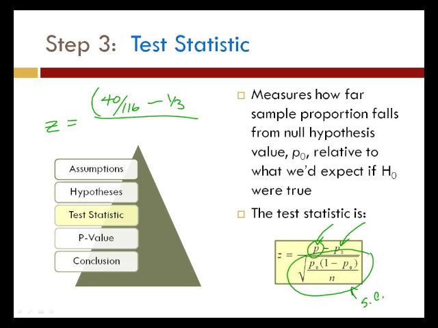That's our numerator, and if we're putting it in the calculator all at once, which I like to do because it eliminates rounding error, you definitely need parentheses around the numerator. And then the square root, 1/3, that's our P0, times 1 minus 1/3, divided by, what's our sample size? 116.